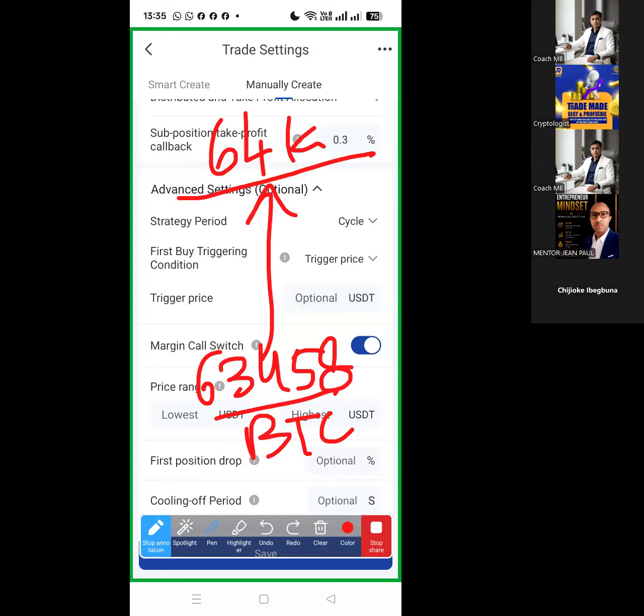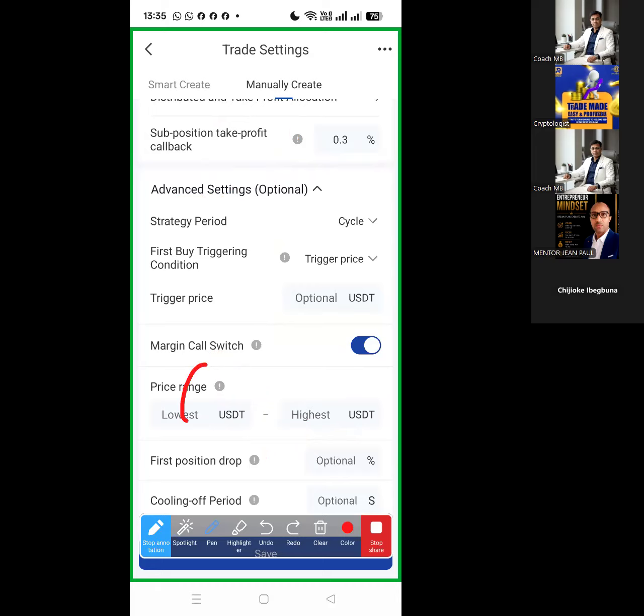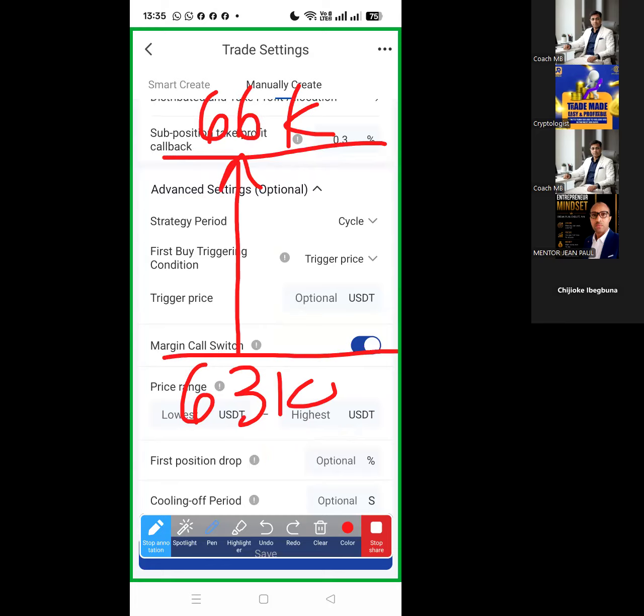So what you can do, suppose you see that Bitcoin is moving in a range from $63,000 to $66,000. It is not going below 63,000 and it is not going above $66,000.